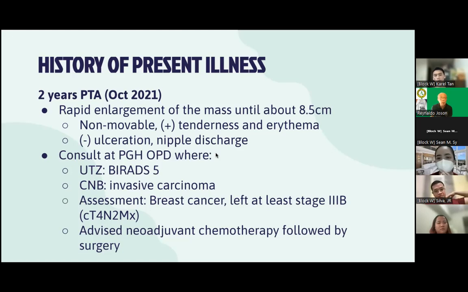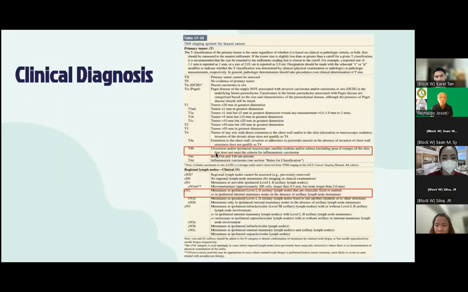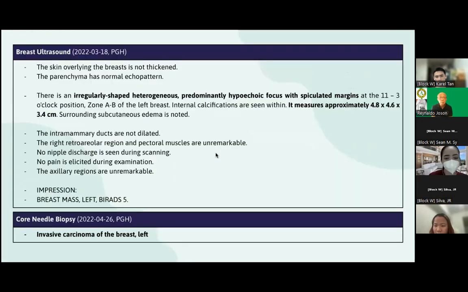Pero yung on admission po, sir, yung nakapa po is around 4 by 3 cm, which is already post chemo na po, sir. Yung ultrasound niya before the neoadjuvant. There was mentioned in your presentation something like 4.8. Yan. This is before the adjuvant, di ba?